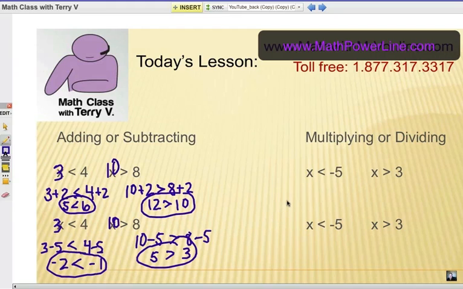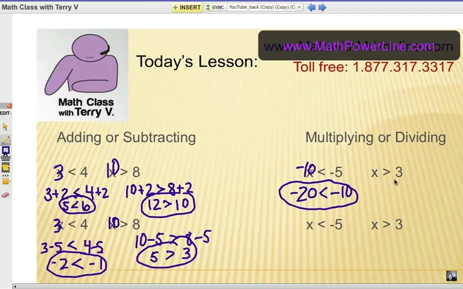All right, now we're going to test multiplying and dividing. Let's say that x is less than negative 5, and I'm just going to say x is negative 10, because we know that's true. Negative 10 is less than negative 5. Let's go ahead and multiply each of these sides by a positive number, so times 2. So negative 20 and negative 10. Notice how negative 20 is still less than negative 10. So it is okay that I multiply by a positive number. The inequality stays the same.